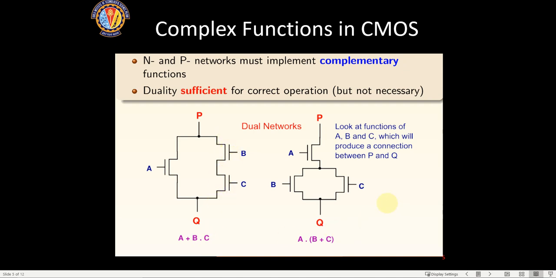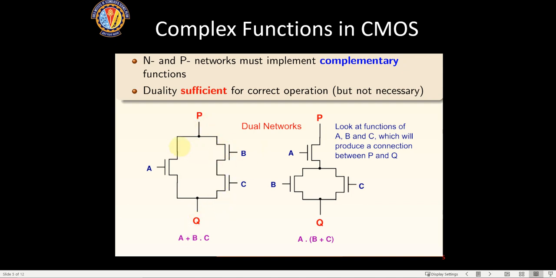The complementary of this is something like this. This is A and B or C. That means A has to be there, and then one of B or C has to be there for it to be pulled down to 0. So this is known as the complementary of this, which is P and Q, ground and VDD.